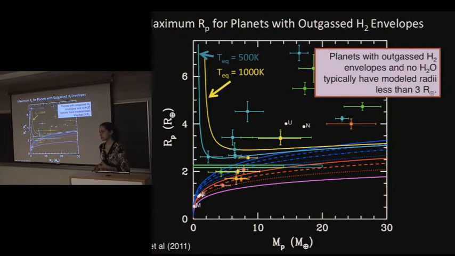You could decrease the limit: if the planet loses all its hydrogen, it could go down to essentially a naked rocky core, with a radius below these limits.